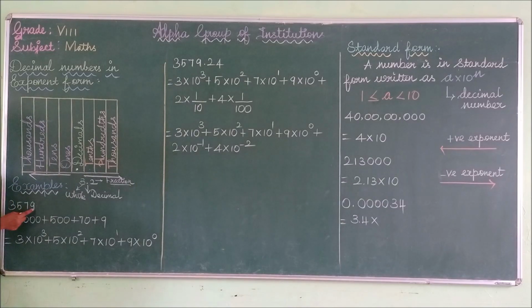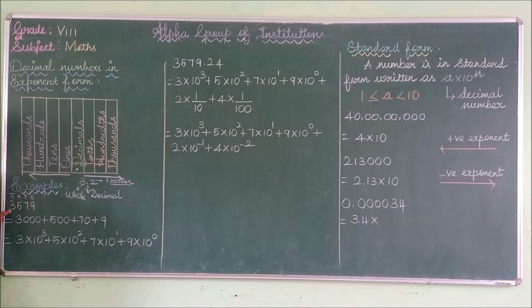So listen to the example. This can be read as ones, tens, hundred, thousand. So what is this number? 3,579. How can we read it? From right hand side to left, we have to mention the place value: ones, tens, hundred, thousand.